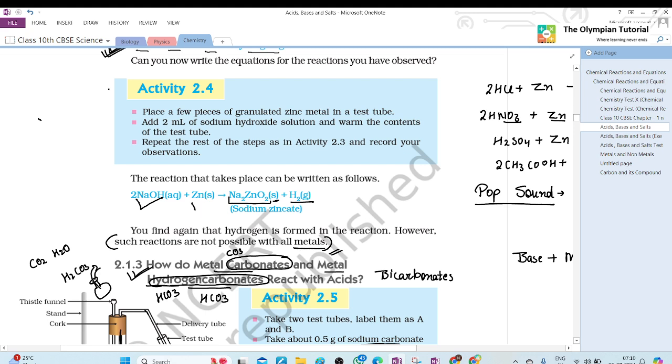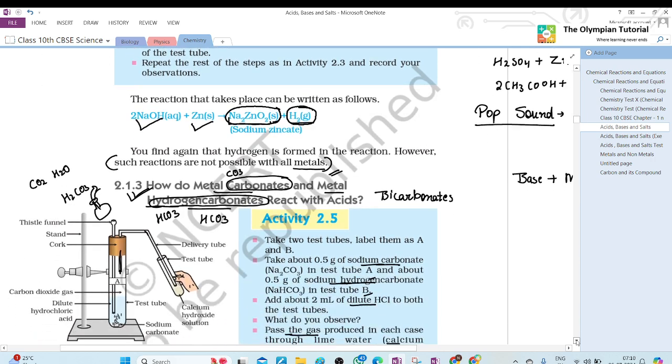Sodium hydroxide reacts with metal, it gives sodium zincate with hydrogen gas.